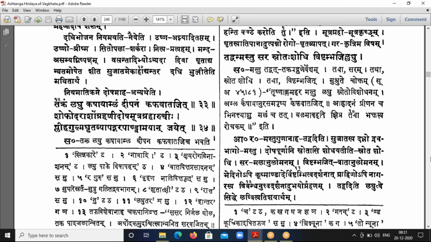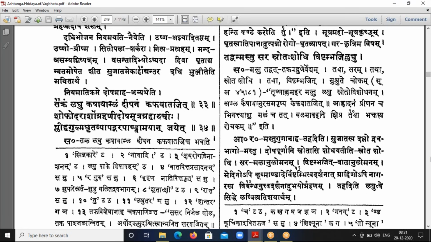Sometimes you do not add any water but simply churn the Dhi and take the butter and prepare the Takram. Sometimes you churn and take a little of the butter, so maybe 25% or something like that. Then the remaining portion is used as Takram. Sometimes the entire butter is extracted, then it is known as Ruksham.